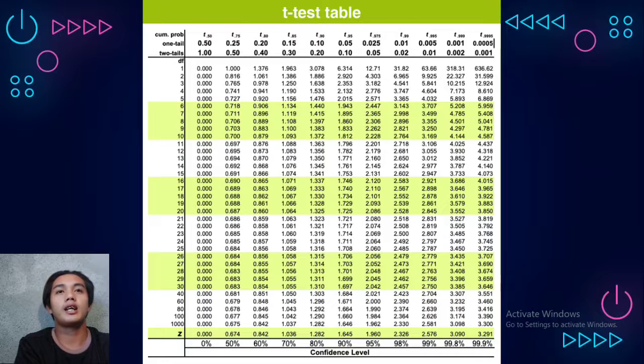Pag co-connectin lang natin silang dalawa, kung ano yung pagmitan nilang point, yun yung ating p-value or t-table value. Dito, ang pinag-meet nilang value is yung 2.228. So, ang ating p-value is 2.228.